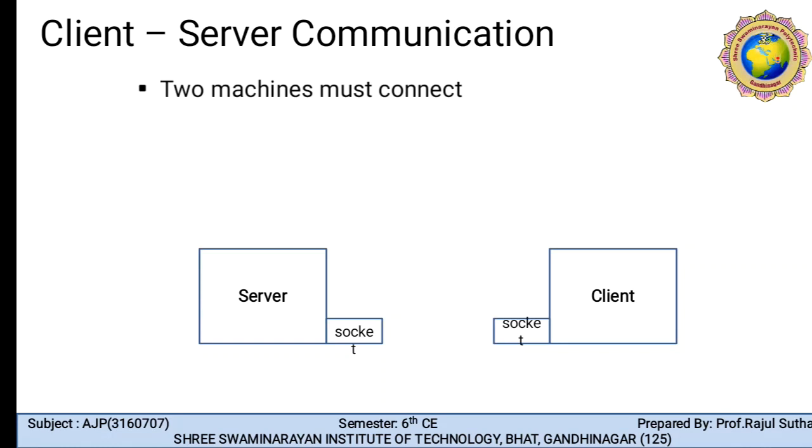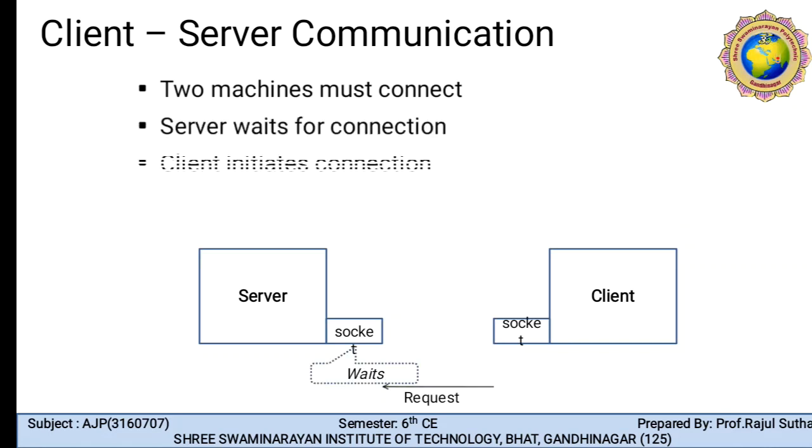Each end machine has an endpoint that covers the socket. If the server is connected with the socket, it is called the server socket, and if the client is connected with a socket, it is the client socket. Server waits for connection, client initiates the connection.